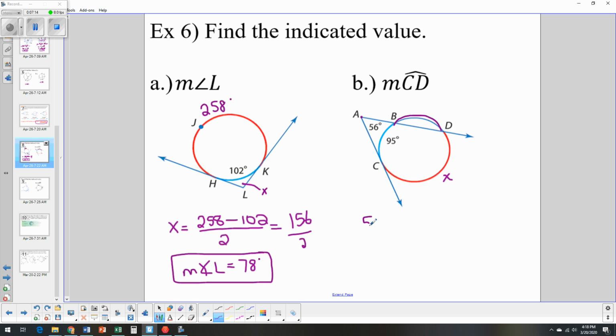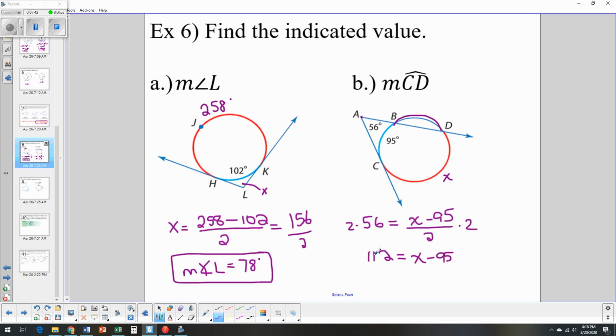So angle 56 equals the outer arc minus the inner arc over 2. And just like before, we want to get rid of this divided by 2 first. I can't divide both parts by it, so it's easier to multiply both sides by 2. We're going to get 112 equals x minus 95.